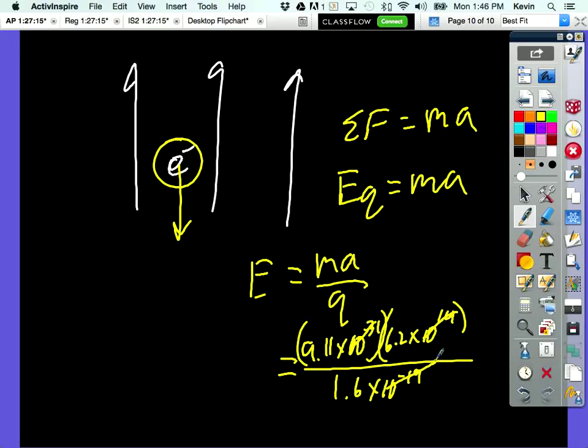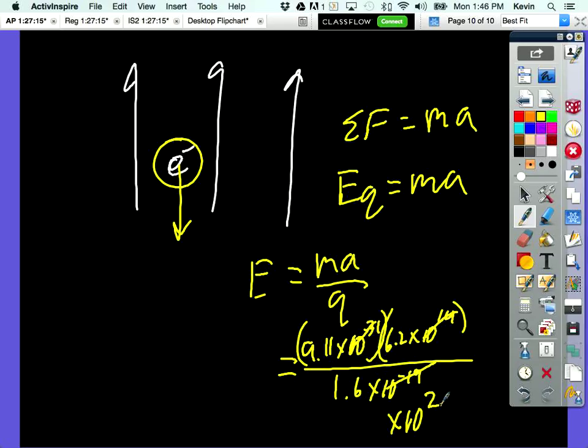So then what is 9.11 times 6.2 divided by 1.6? The answer is going to be times 10 to the 2. Anyone? Good gracious, the people have calculators. Do this quickly.